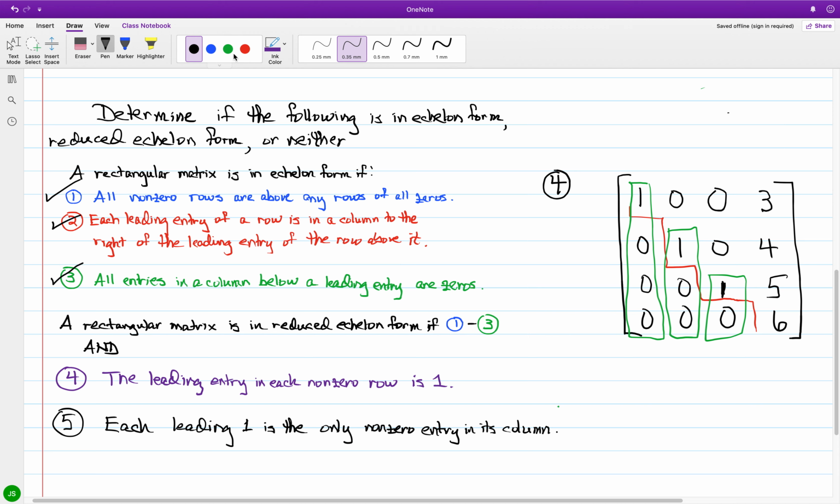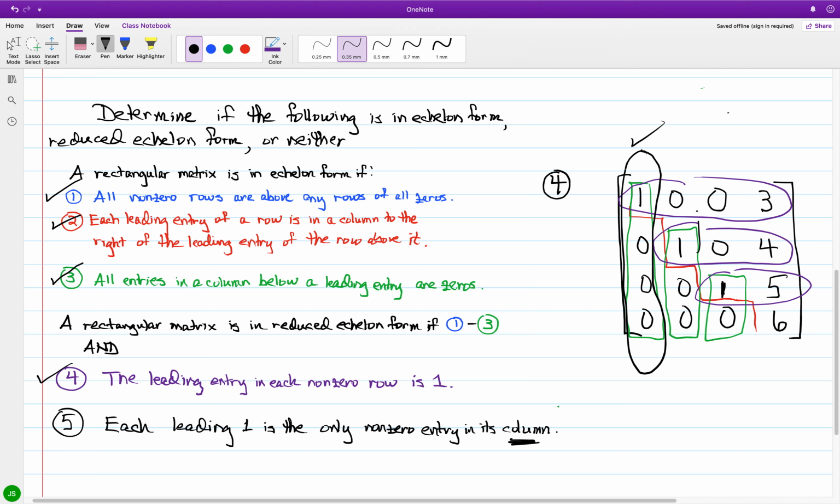The leading entry in each non-zero row is going to be at 1. So going row by row, it had to be at 1, so that is satisfied. And each leading one is the only non-zero entry in its column. And I'll stress that, in its column. So this part is satisfied, check. Next leading entry, the 1, everything else is 0, check.